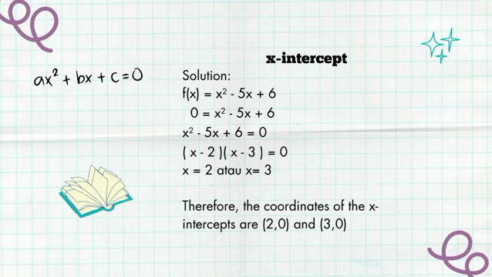Now we need to find two numbers whose sum is -5 and whose product is 6. Those numbers are -2 and -3. Therefore, x equals 2 or x equals 3.